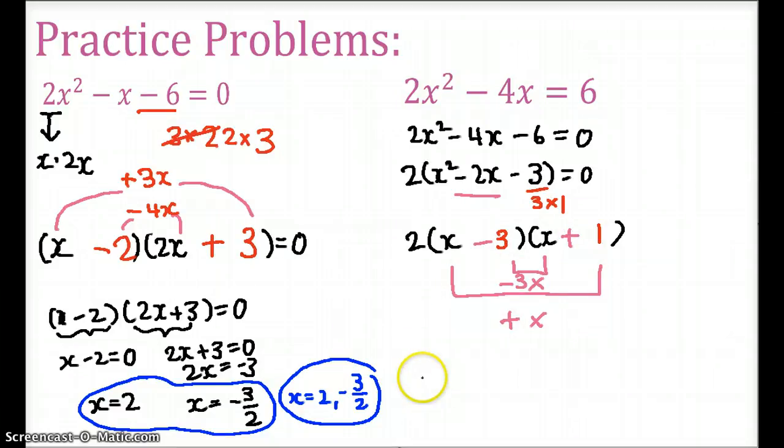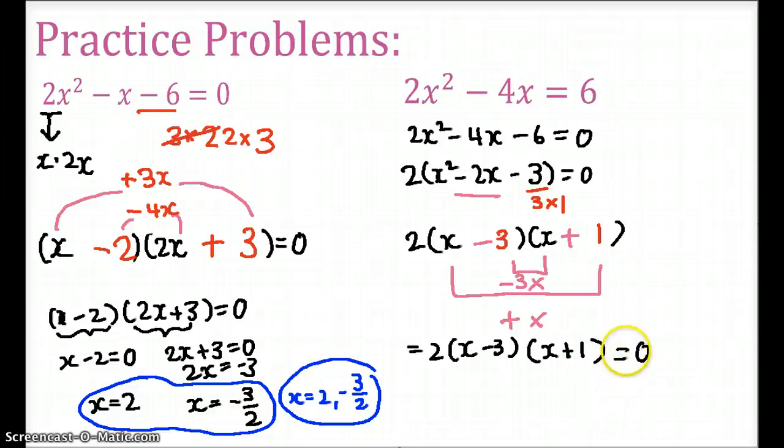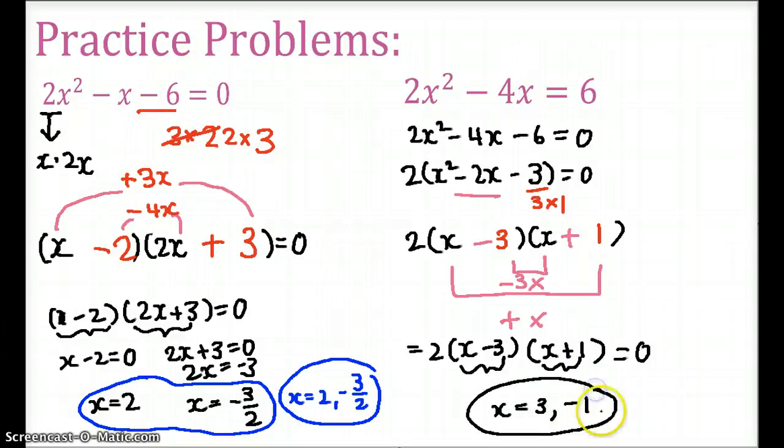So I'm going to rewrite that. So this equals 2 multiplied by (x minus 3) multiplied by (x plus 1) equals 0. So then in order to solve for x, we're just going to make this section equal to 0 and this section equal to 0. So our answer is x equals 3 and negative 1. So this would be our answer.